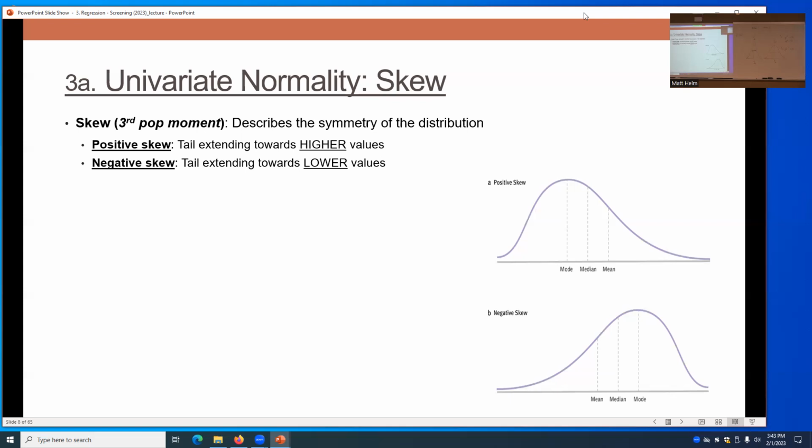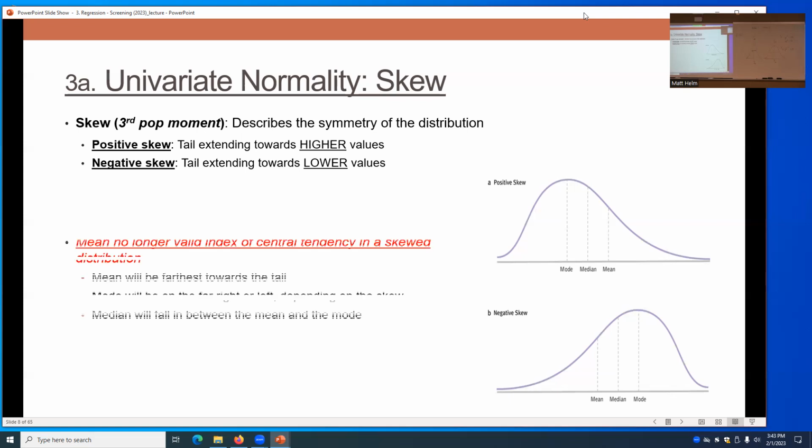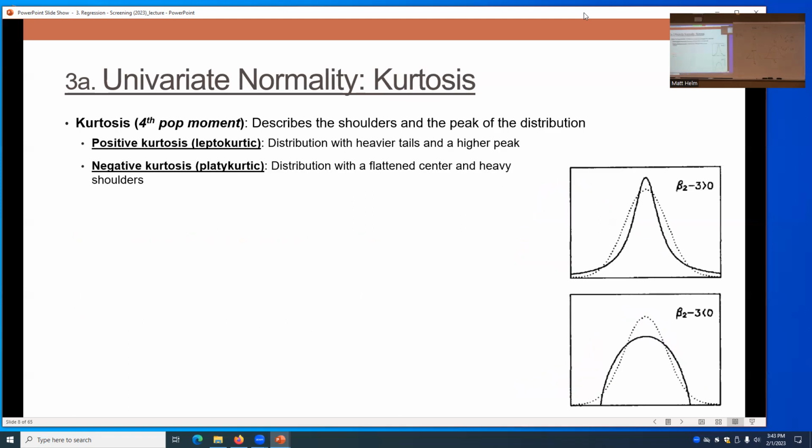And so this is why you'll see median values used for these, okay? So again, the concern with very dramatic skew is that our mean is no longer our best index of central tendency, and everything's getting pulled out. So take a look and make sure that we're identifying problematic skew.